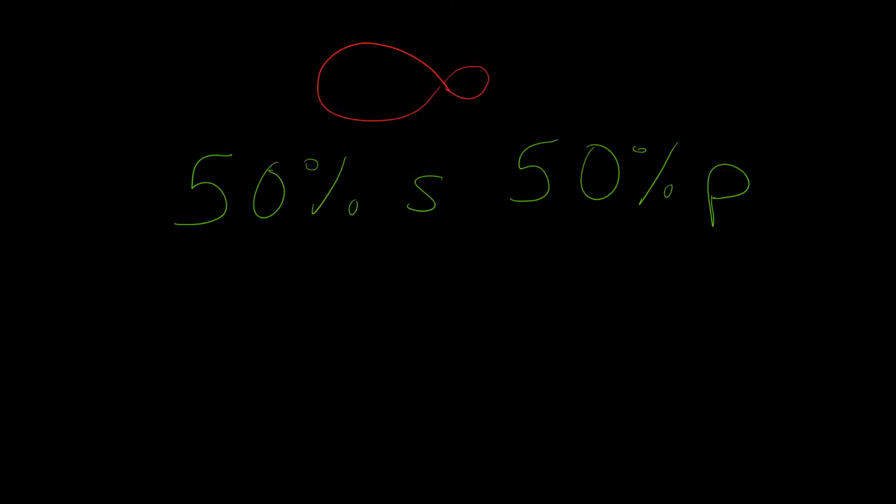The composition of each of these sp orbitals is 1 part, or 50% s, and 1 part, or 50% p orbital. So the shape of the sp orbitals is even more spherical than the sp2 due to, again, an increase in the s character of the orbitals.